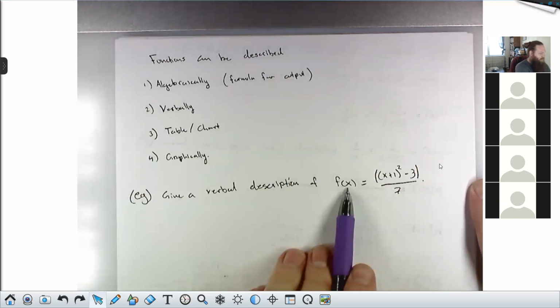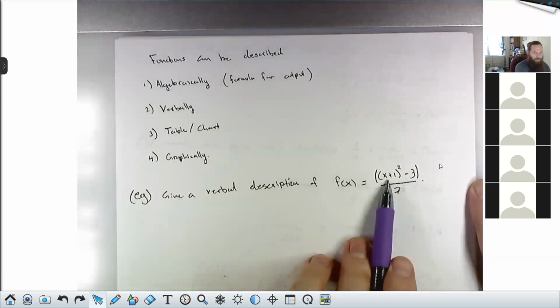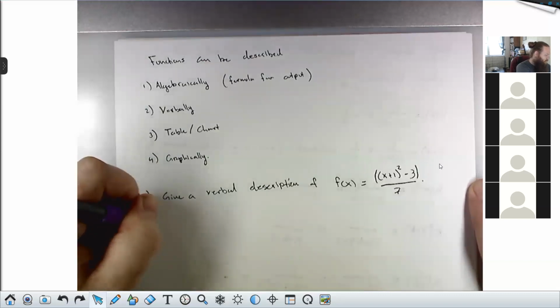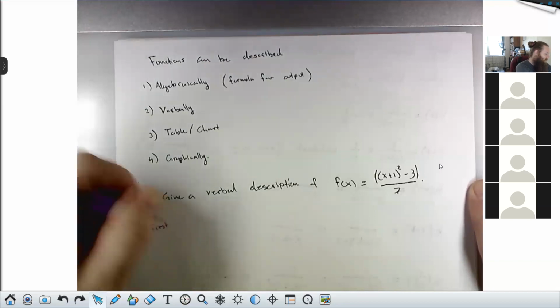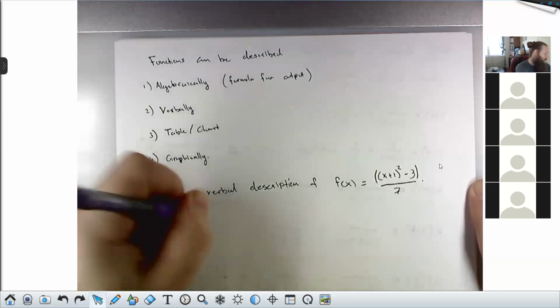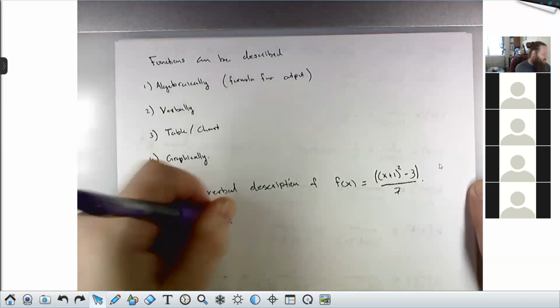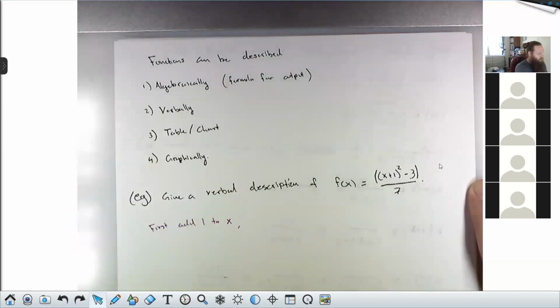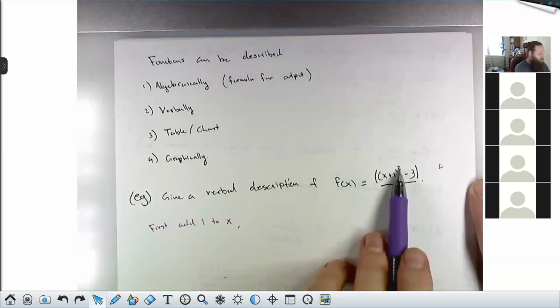So if I plug a number x in here, the first thing you're going to do to it is add 1. So first, add 1 to x. Okay. Then square that.